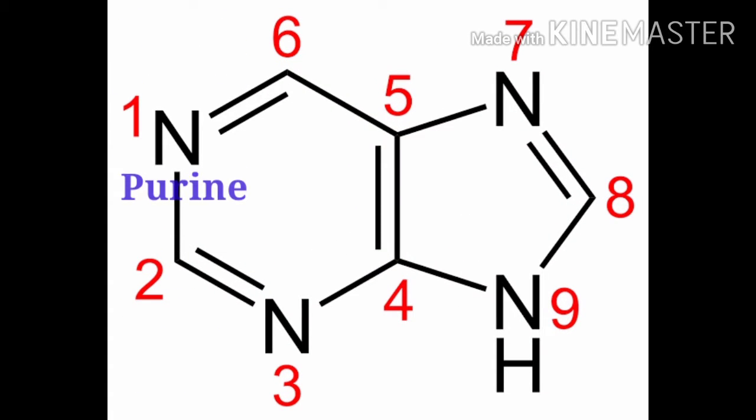This is the chemical structure of purine. As you can see here, the purine group consists of 2 rings, and those rings are joined at the 4 and 5 position with each other, and here 4 nitrogen atoms are also present at the position of 1, 3, 9 and 7 of the rings.